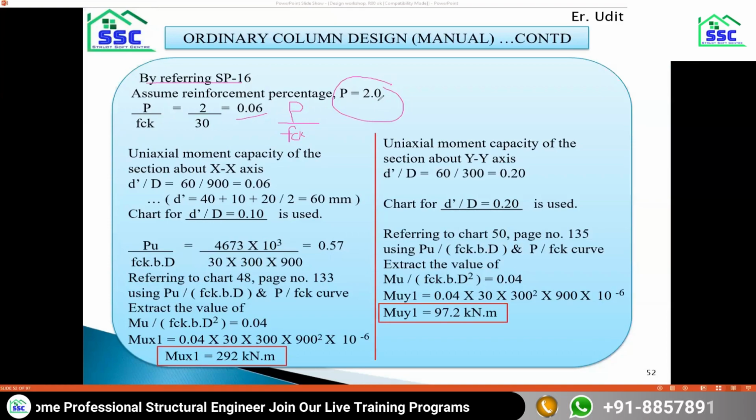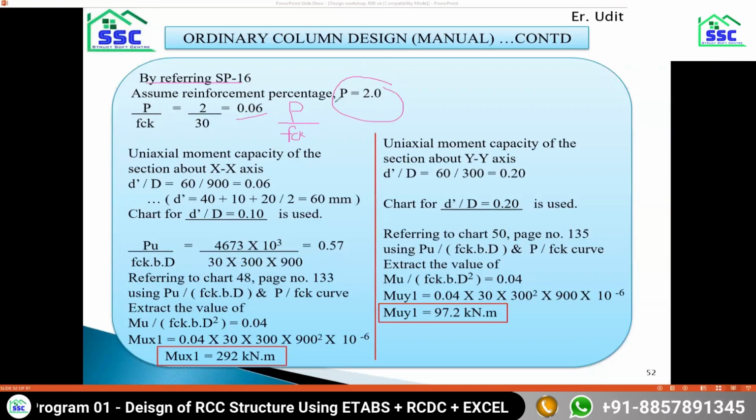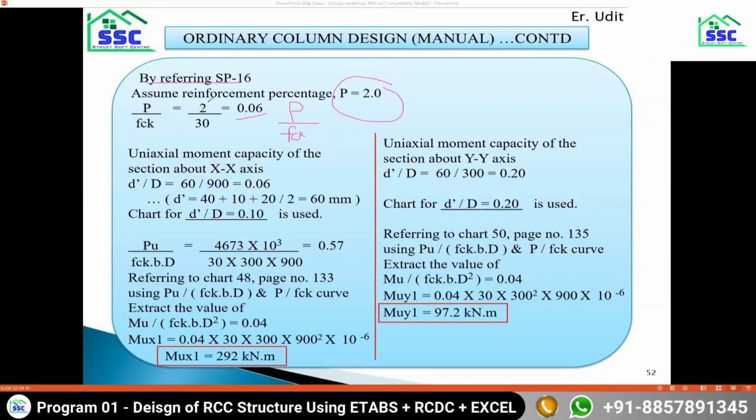So in any calculation of a column subjected to biaxial bending, you have to assume PT initially, okay? And then you have to perform those iterations. So assuming PT as 2%, our P by FCK value is 0.06. Our value for D dash by D, which is the effective cover divided by the overall dimension of the column along that axis, is 60 by 900.